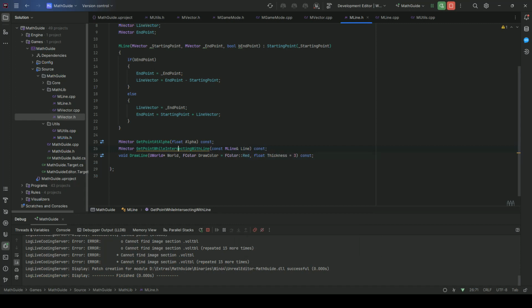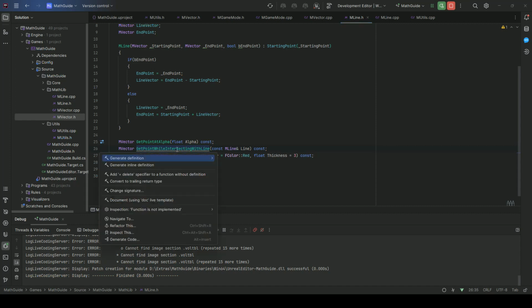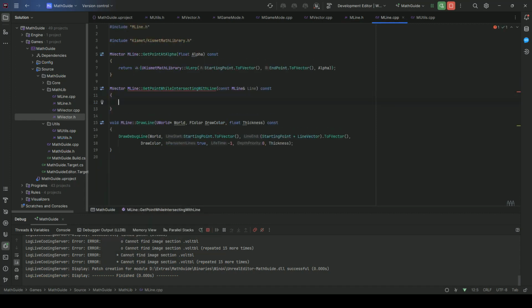Get point while intersecting with line. Okay, perfect. Alt enter, generate definition.